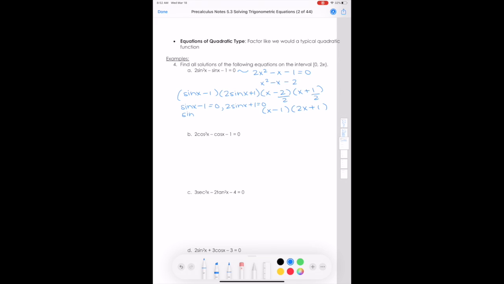And again, this one says on an interval 0 to 2 pi, so you don't need to worry about the ends. So sine equals 1 at pi over 2, and then solving the other one, sine equals negative 1/2 when x is 7 pi over 6 and 11 pi over 6.